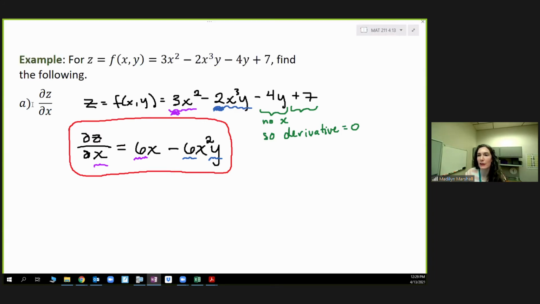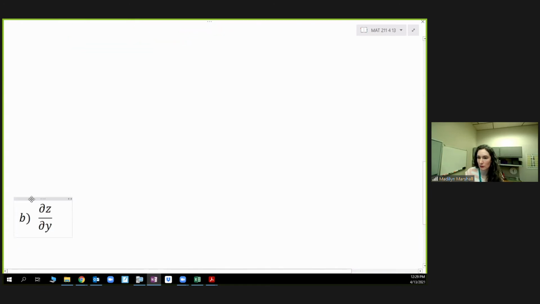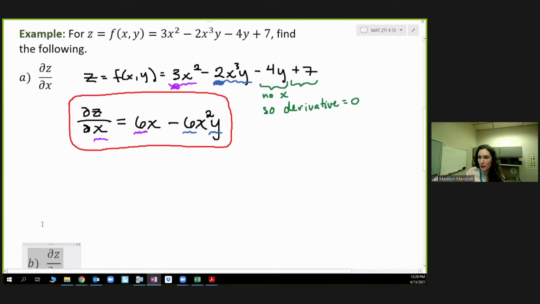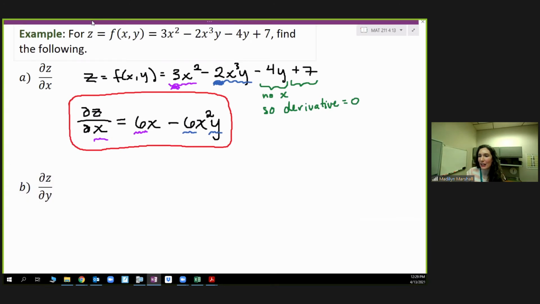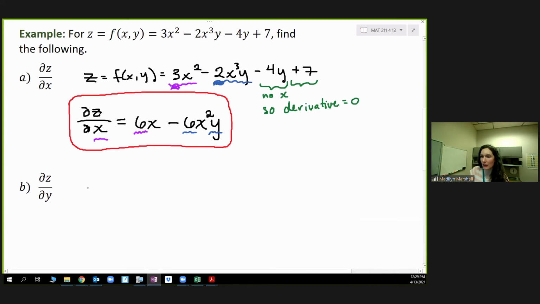So let's do another one. Now, same thing, but we're doing dz/dy. So I'm just going to rewrite z. I'm going to leave off the f(x, y) part here because we don't really need it.